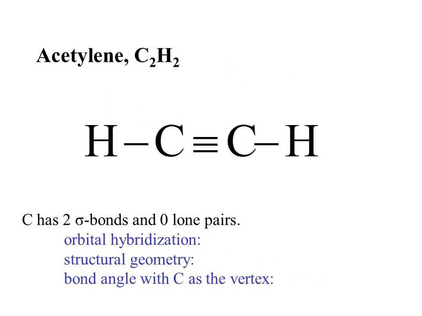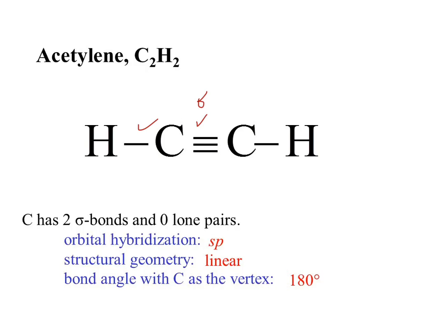In this case, anytime you see a triple bond, only one of those bonds is a sigma bond, and it participates in hybridized orbitals. So we must have sp orbital hybridization here, and that means it's linear and the bond angle is 180.